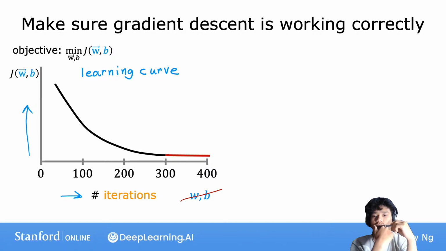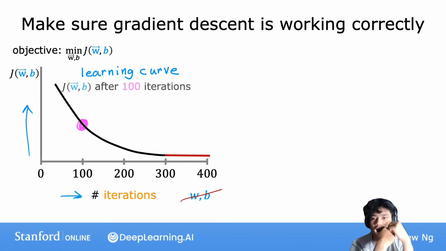Concretely, if you look at this point on the curve, this means that after you've run gradient descent for 100 iterations, meaning 100 simultaneous updates of the parameters, you have some learned values for w and b. And if you compute the cost j(w,b) for those values of w and b, the ones you got after 100 iterations, you get this value for the cost j, that is, this point on the vertical axis.